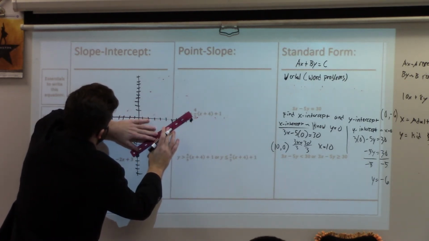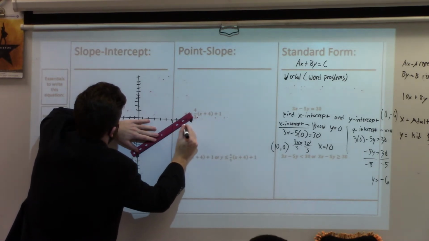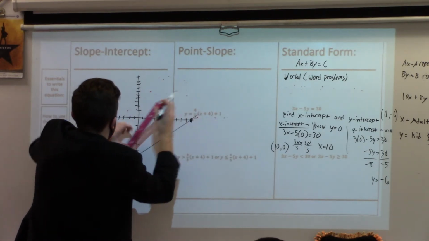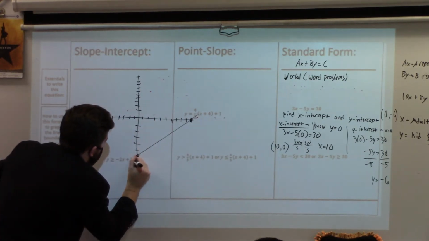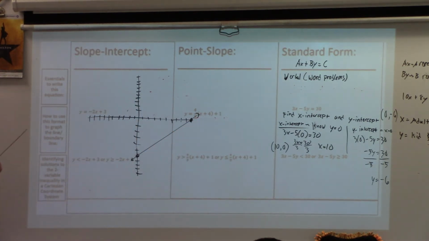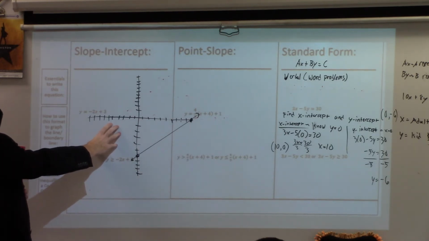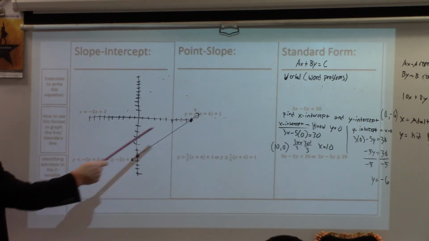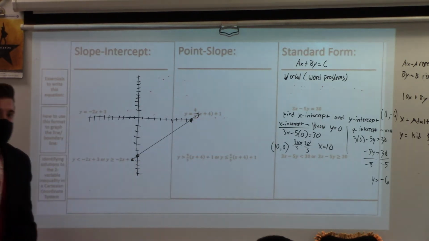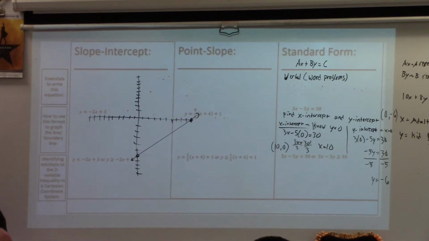Well, we want to make sure it's exact. So the only reason I put this here is so I had enough room to make it larger, but this is for the standard form equation. It's just over here so I can make a graph large enough for everyone to see, but this is for standard form.